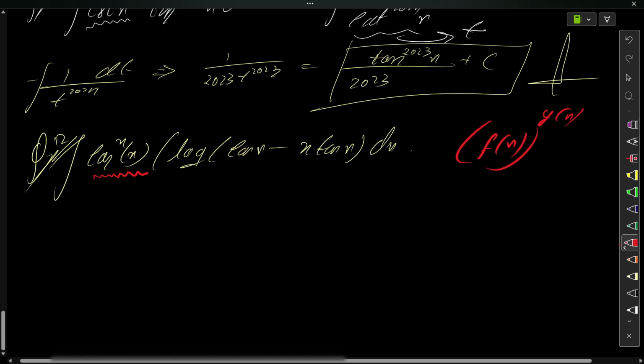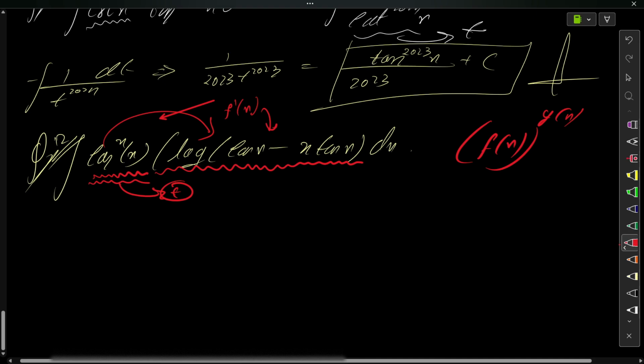For this case, what we generally do is that we take this as t. One thing I can also see is that this could be the f prime of x of this function.